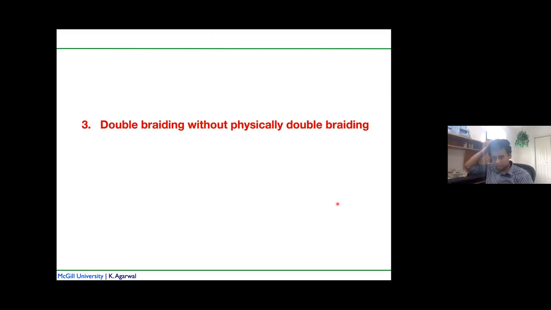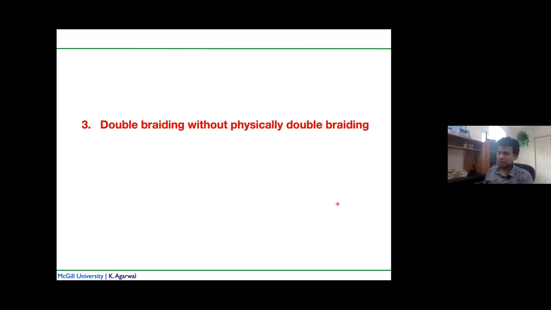Okay, so I said that the double braiding of these Majoranas is the fundamental unit I want to work with. The problem, of course, is that double braiding is hard. Braiding is hard. It hasn't been demonstrated experimentally as of yet. So can we do this somehow without actually, how do we implement this really?